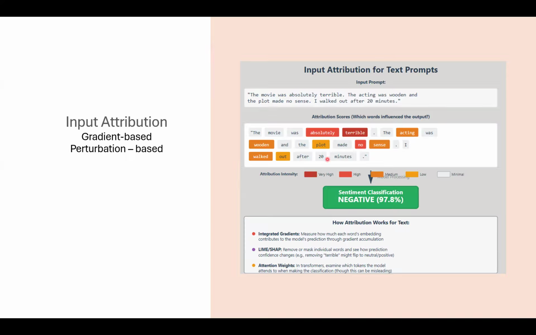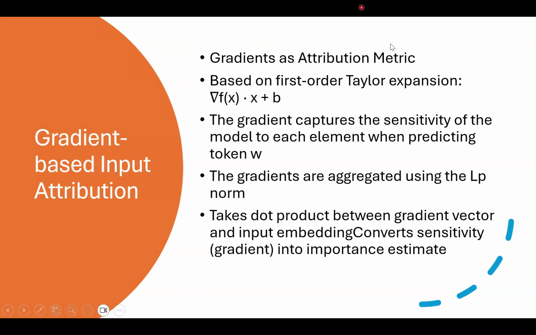It can be anything. There are two ways of doing it. First is gradient based input attribution. The second is perturbation based input attribution. The difference is very slight. Gradient based uses the gradient as the attribution matrix, and it's based on the Taylor expansion of your input.